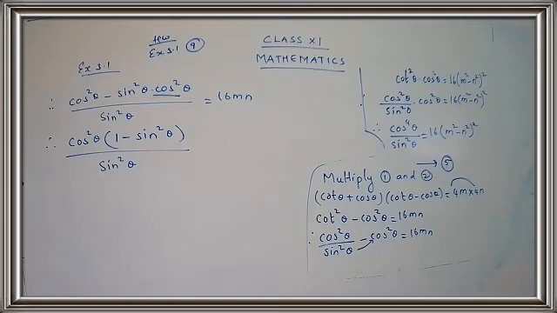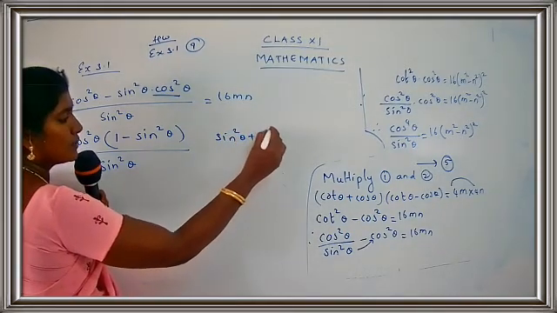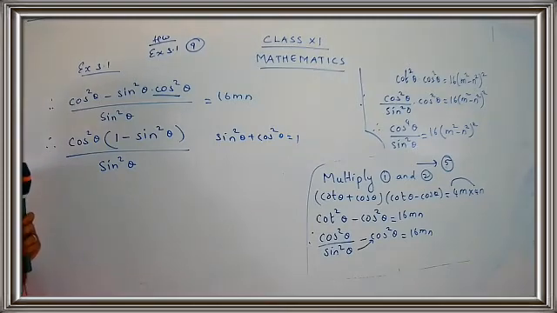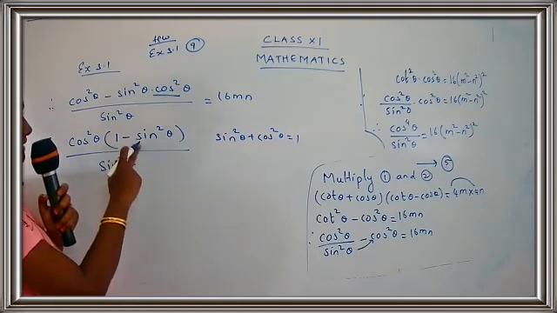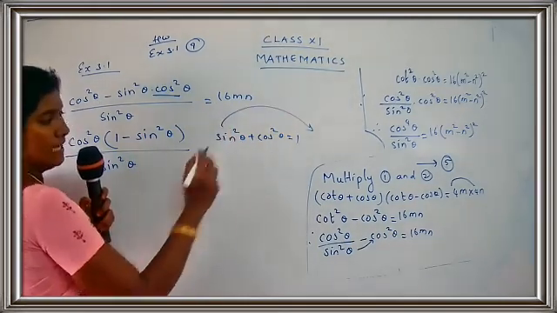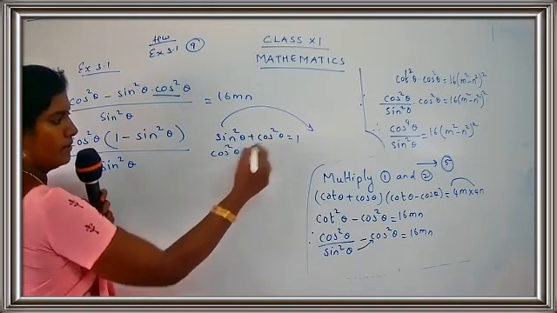Okay. Now let's go for the further simplification. Again, we are going to use the identity over here. What is the identity we are going to use here? First identity. What is the first identity? Sin square theta plus cos square theta is equal to 1. Now I want the answer in terms of 1 minus sin square theta. I'll just put this to the LHS side. So I get cos square theta, I'll keep over here 1.